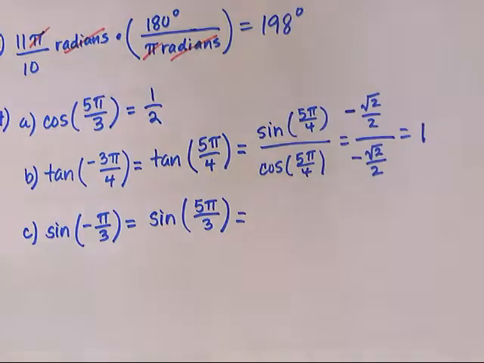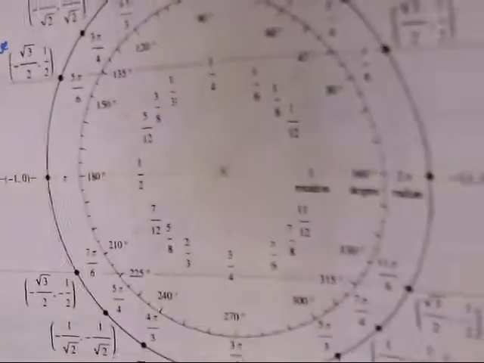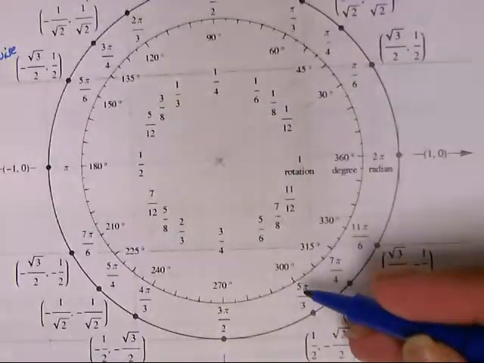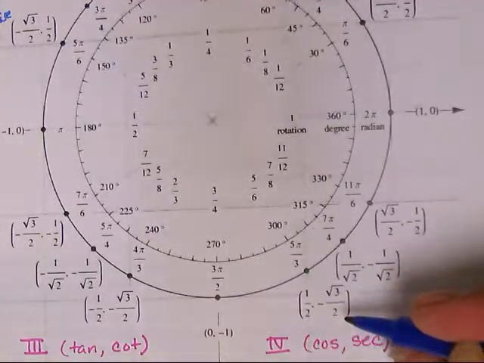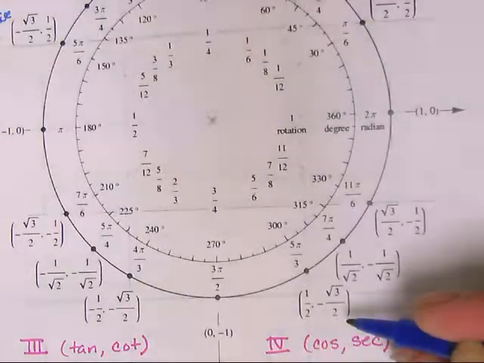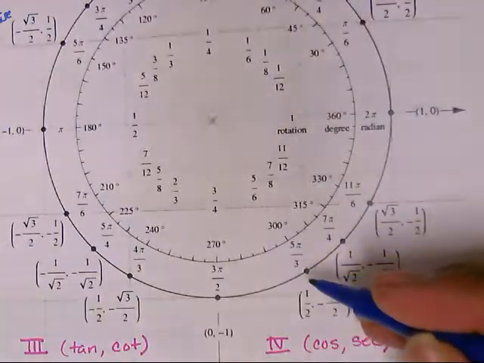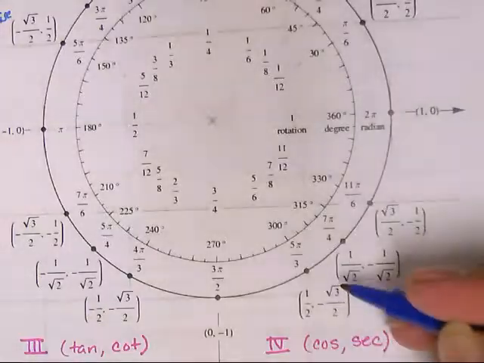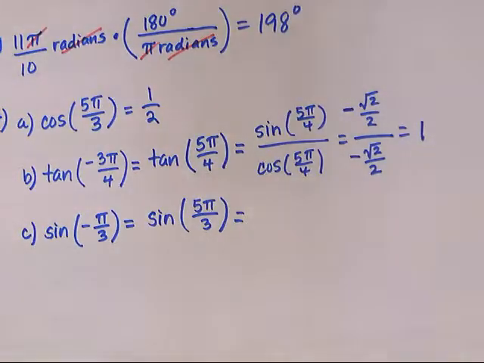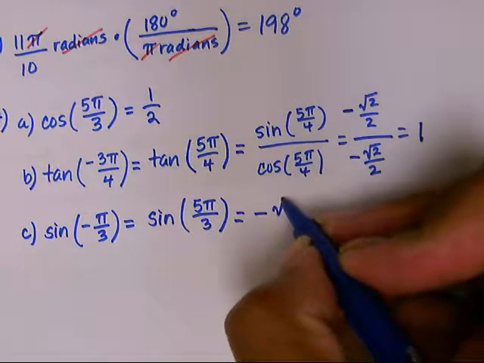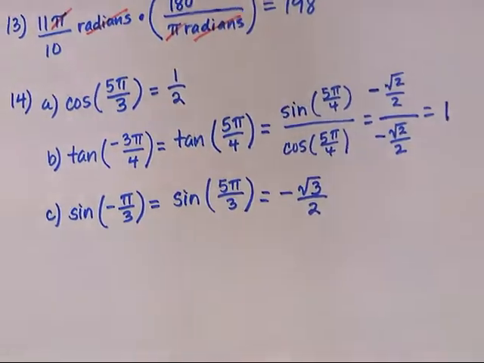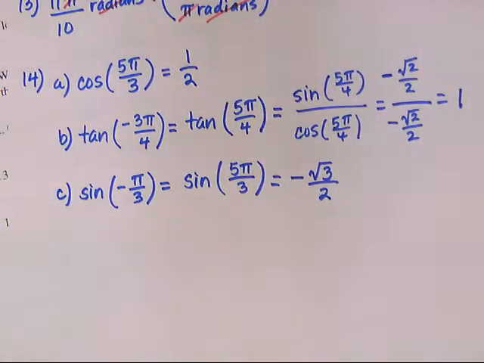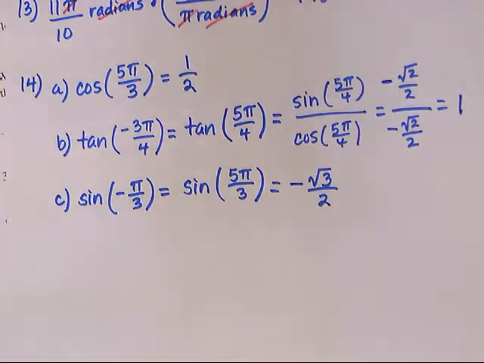And then use the unit circle to find 5 pi over 3, which is down here. The sine is going to be this y-coordinate here. The y-coordinate is always the sine. The x-coordinate is the cosine. So the sine of 5 pi over 3 would be negative square root of 3 over 2. Okay. So that's problem number 14.